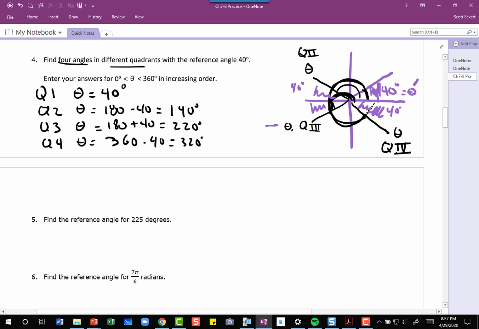So I got 4 different angles. They're all between 0 and 360, and they all have this reference angle of 40. So that is an important problem about just refreshing ourselves and remembering how reference angles work.